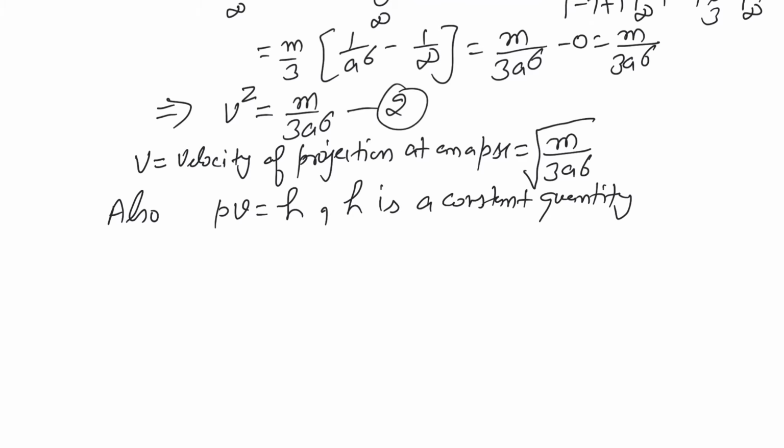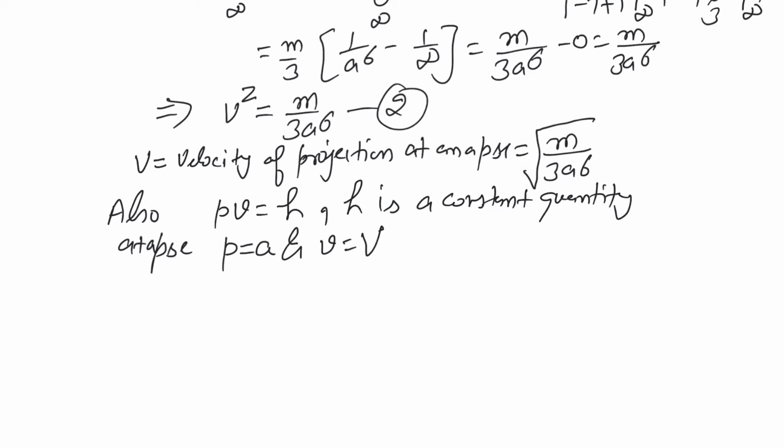So this is the formula for general velocity, and we know that at the apse p is equal to a and v is equal to V.